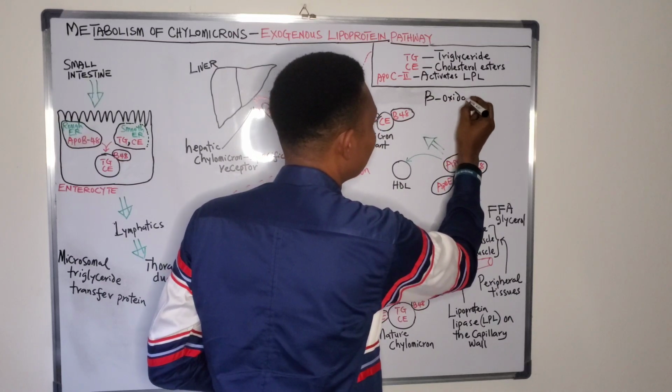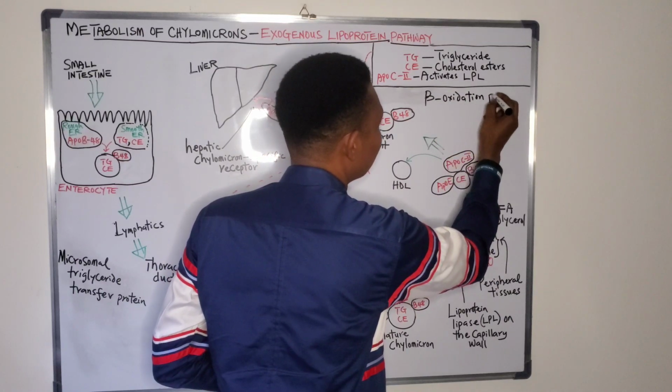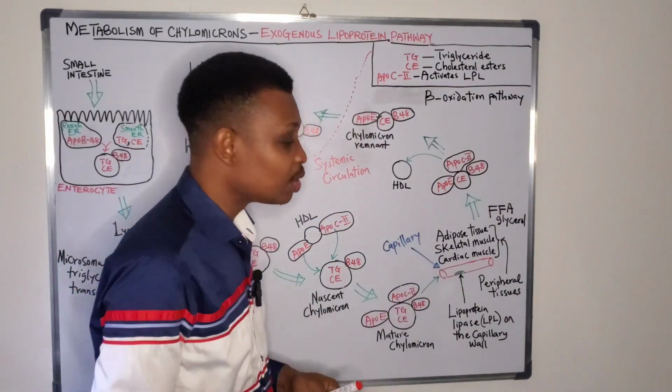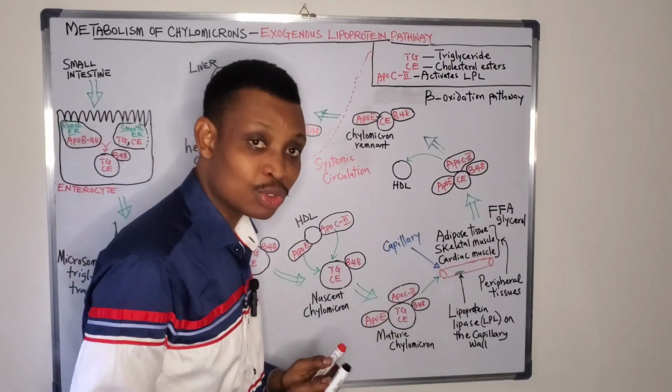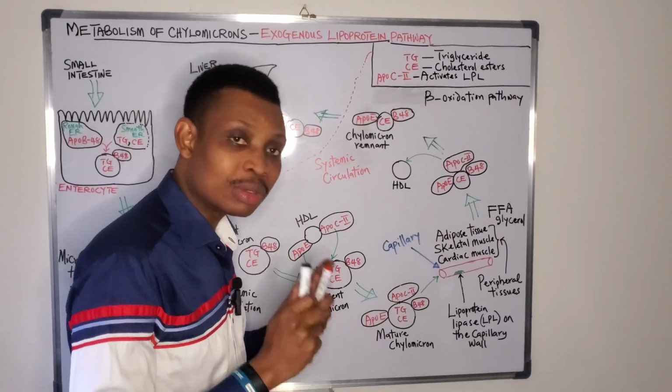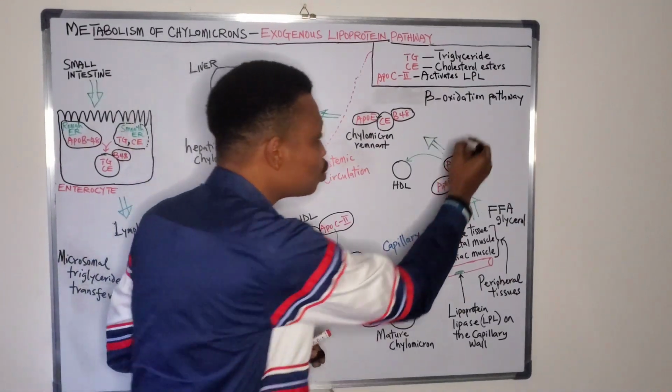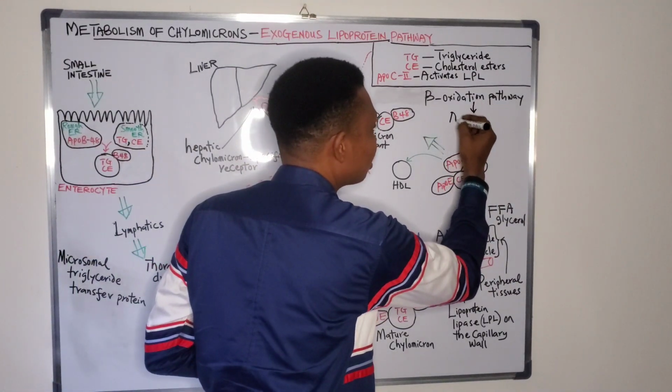So both in the skeletal muscle and cardiac muscle, these free fatty acids that are produced will pass through the beta oxidation pathway to produce acetyl-CoA.